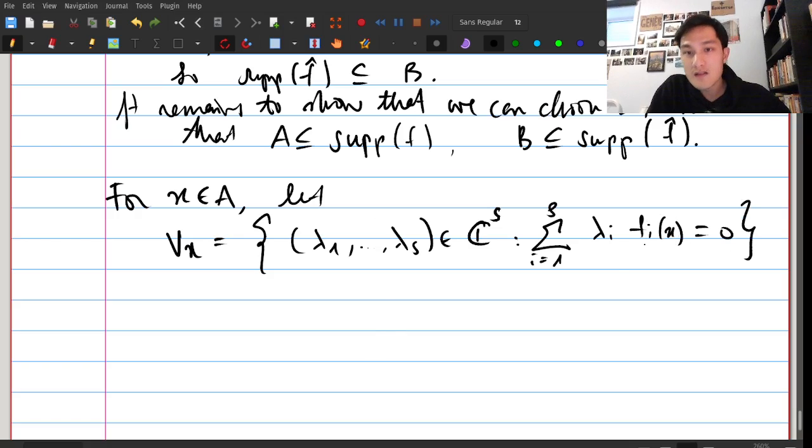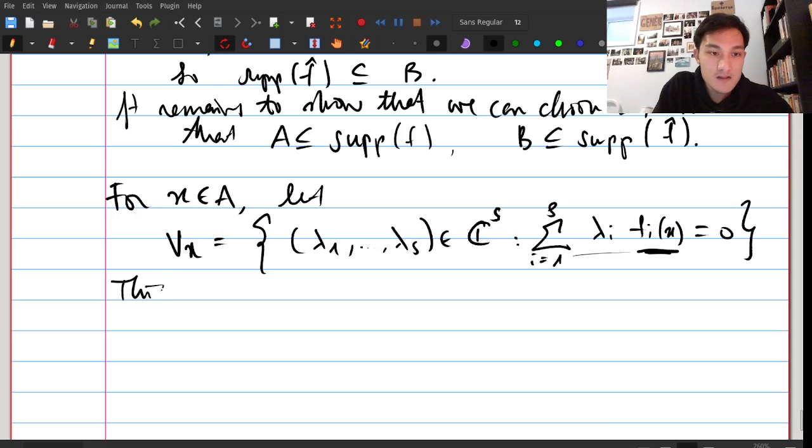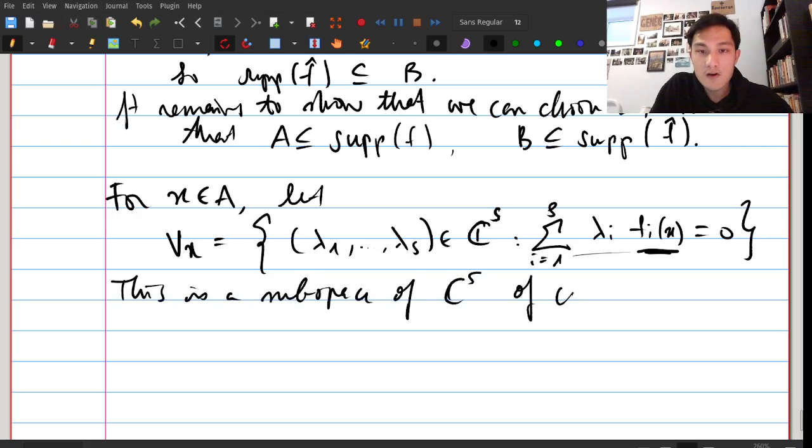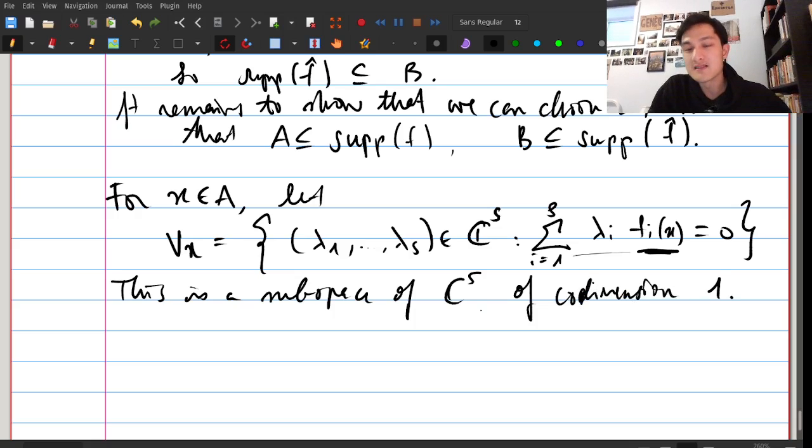These are complex numbers, and we have s degrees of freedom for the lambda i's, and one non-trivial linear constraint that they have to satisfy. So this is a subspace of C^s of codimension 1, meaning it's a subspace of dimension s minus 1.